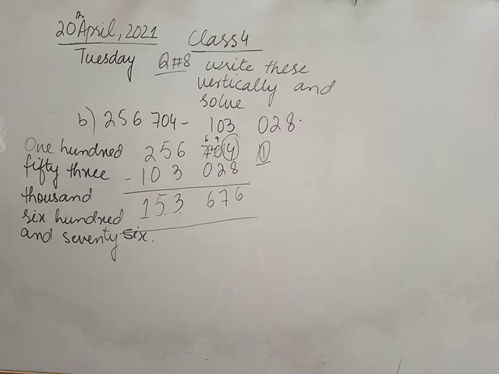Fine. And if you look, there is a space between 153 and 676. So 153 belongs to the thousands. So we can read 153 as 153. So in total, we can read this as 153,676.